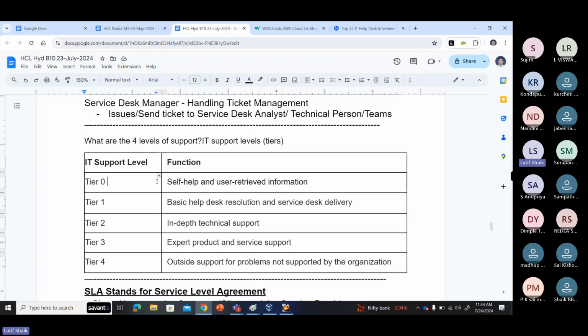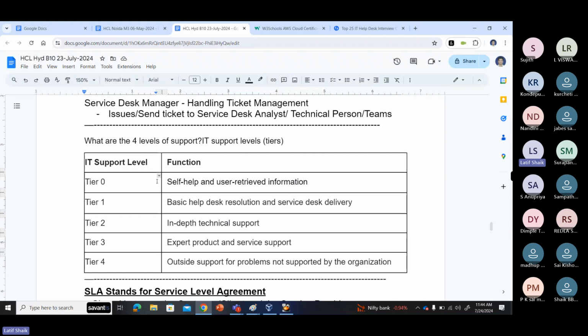So when a user wants some information or initial support, initial queries are required, and the level 0 support person has to provide that. For example, I am not getting an internet connection, so I call the level 0 service desk person.